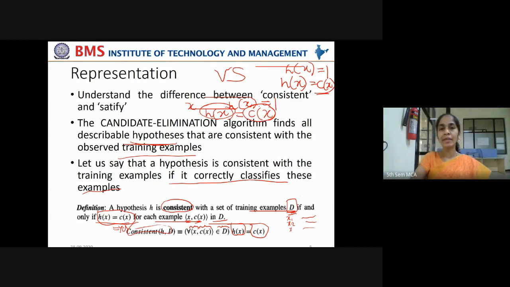What is the concept being learned by the machine here? Whether your friend will enjoy the sport, and it is interested in yes. That is only positive examples. Then we say that H is consistent with D.